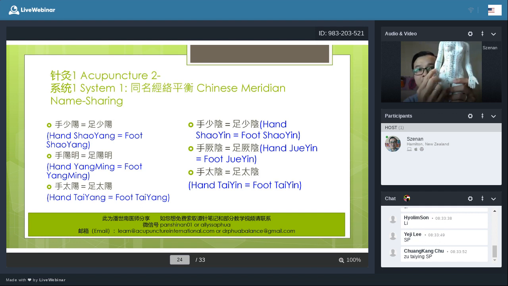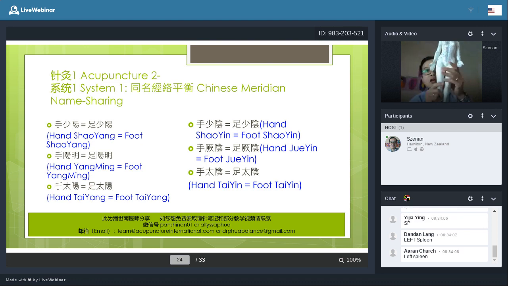That's good. If this is on the right side, which side do you treat? The opposite side. On the left side. Okay. That's right. System 1 always uses the opposite side.